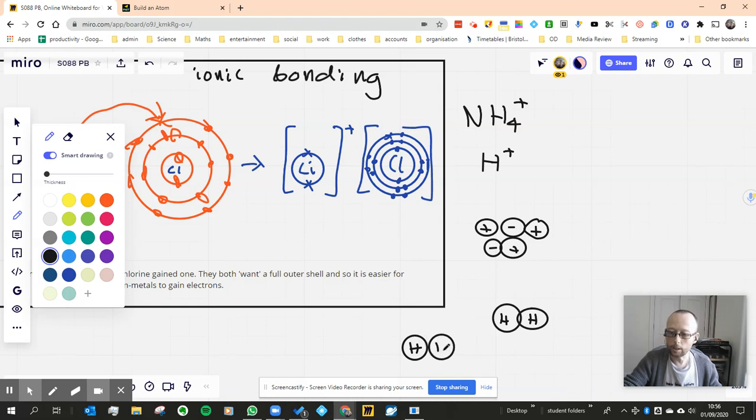they do actually feel a slight attractive force, but nothing like the force that this negative ion feels towards this positive ion.